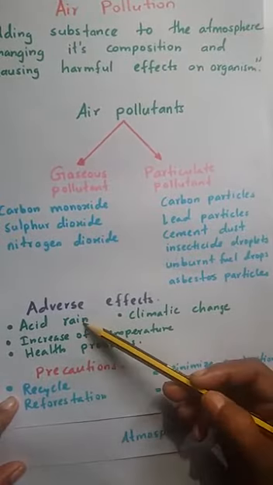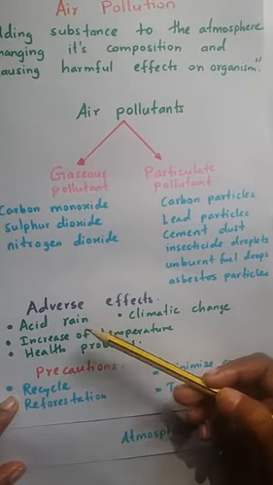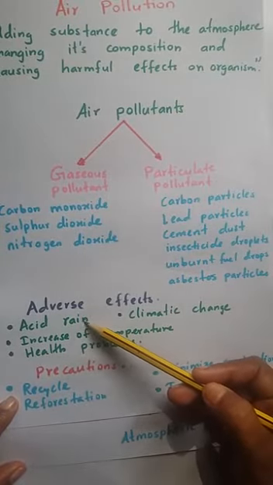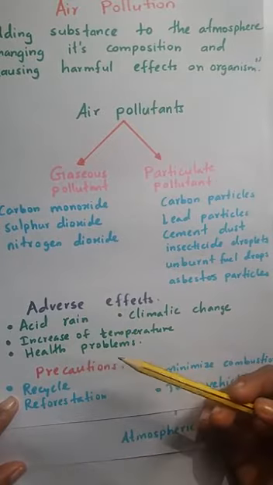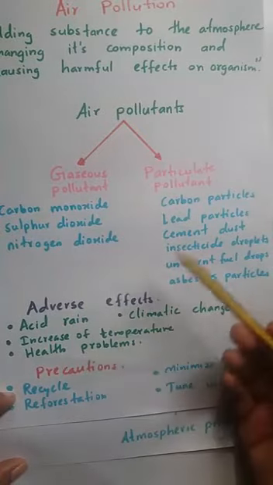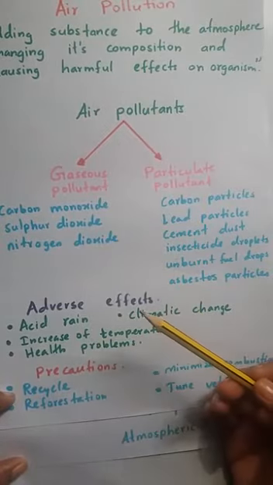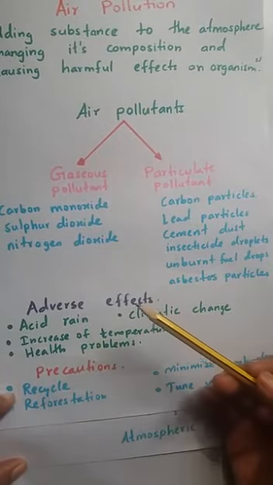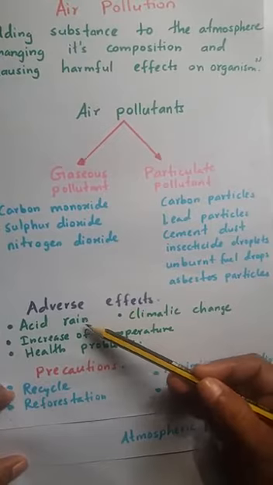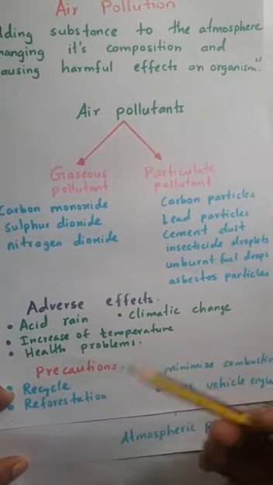It causes acid rain. Acid rain is something that damages all aquatic organisms. Once the acid rain falls in aquatic places, all organisms will be destroyed. And the other thing is it might even harm the buildings.